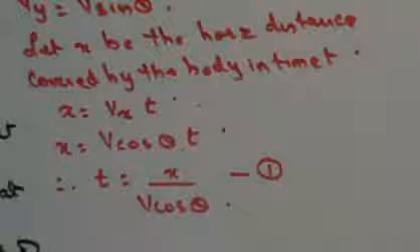Now velocity along the y-axis is going to be affected by gravitational force. Gravitational force acts vertically downwards and I'm pushing the body upwards. That means acceleration along the y-axis is going to be negative.